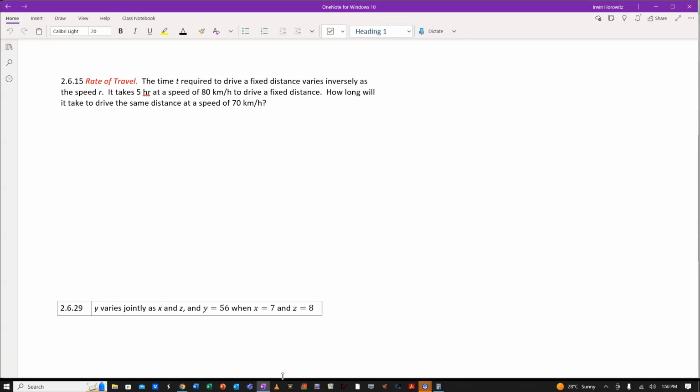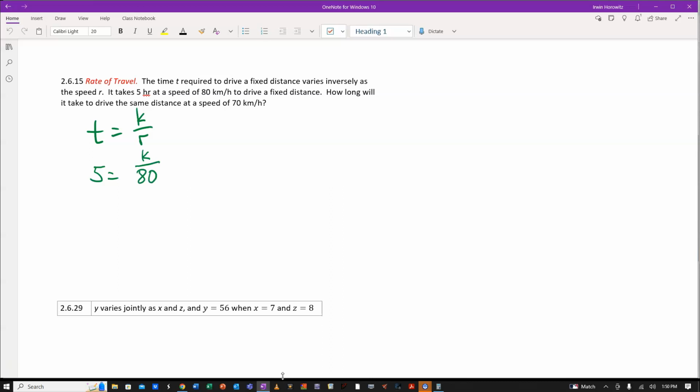But we begin by noting that the time t will equal some constant divided by the rate r. The time required to drive that distance will vary inversely as the speed r. So that's your inverse variation. It takes 5 hours at a speed of 80 kilometers per hour to drive that distance.